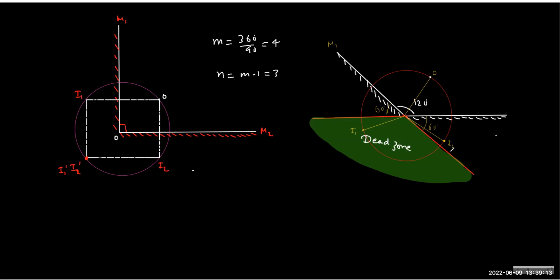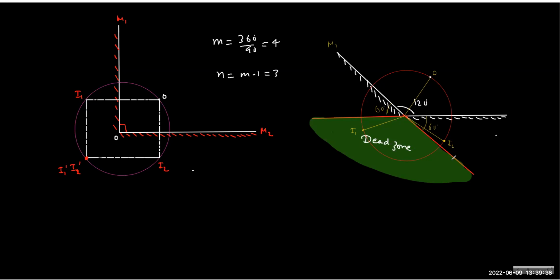But the next image: I1 cannot form an image. First of all, I1 is in the red zone, so that's gone. And the very next image, even if I2 tries to form, will fall in the dead zone, right? So how many images can you see? Zero? Why zero?